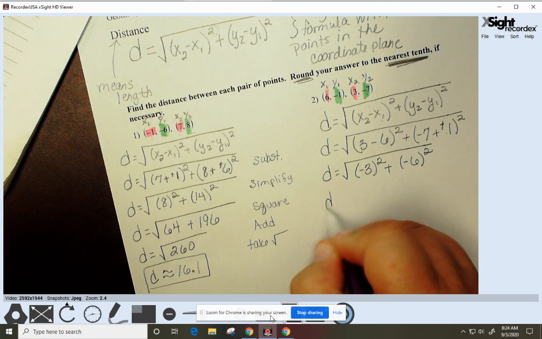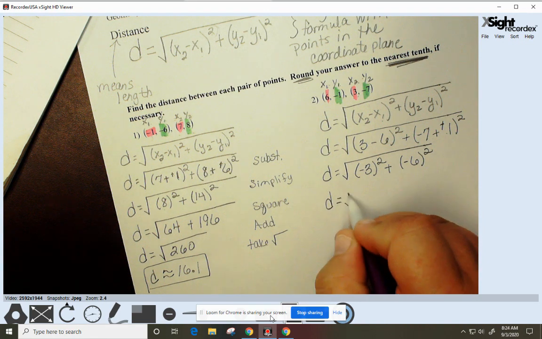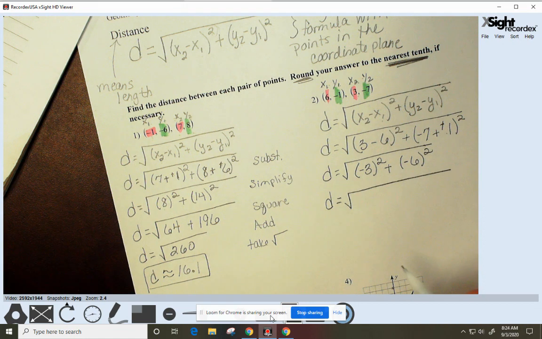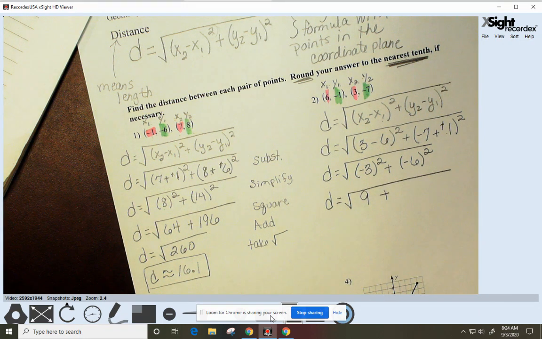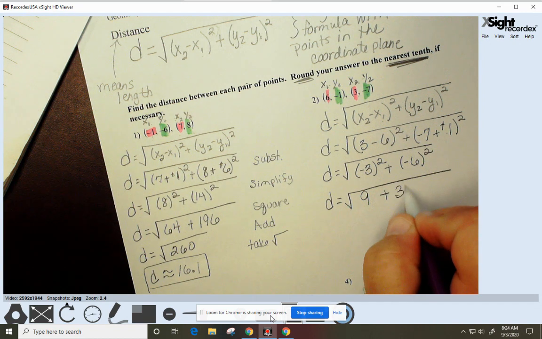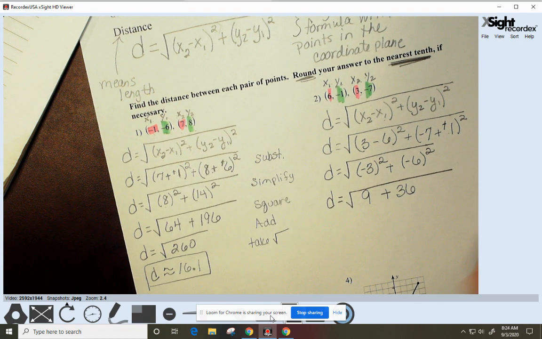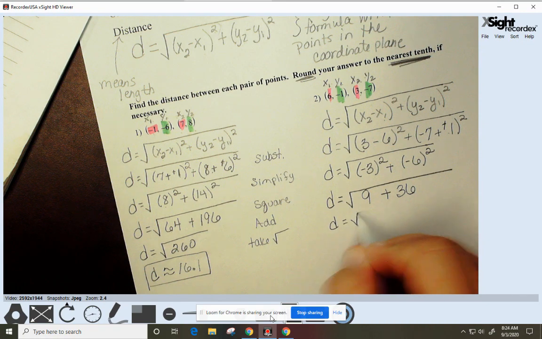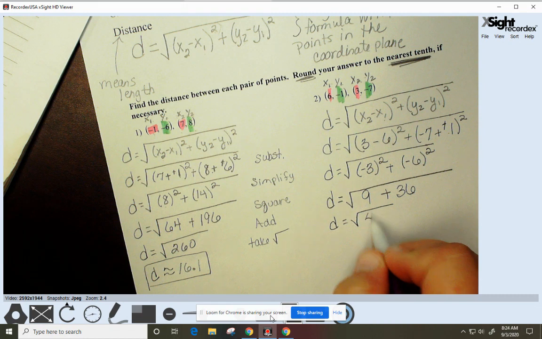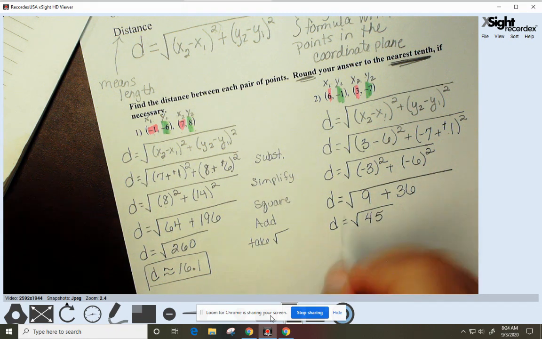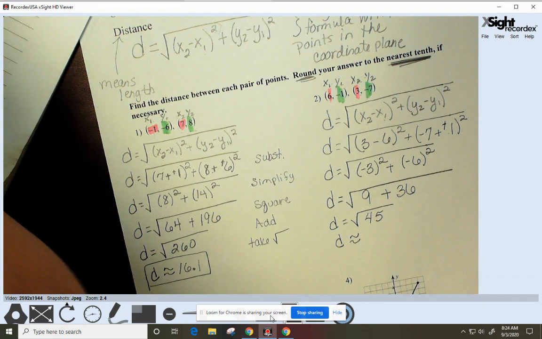So my distance will be the square root. A negative 3 times a negative 3 is a positive 9, plus a negative 6 times a negative 6 is a positive 36. So my distance is going to be a 9 plus a 36, which is a 45. So then I'm going to take the square root of my 45.